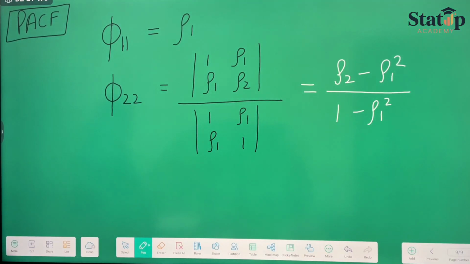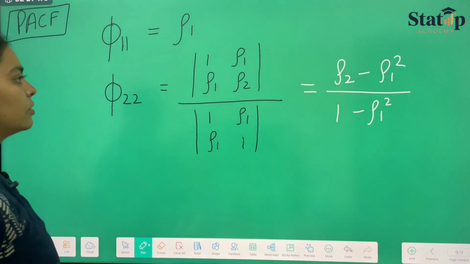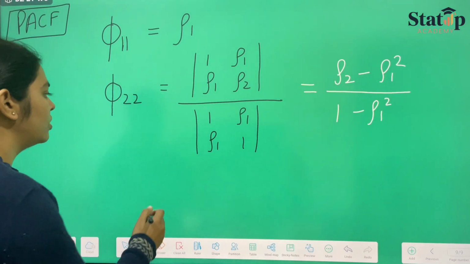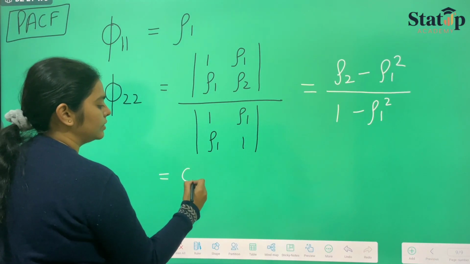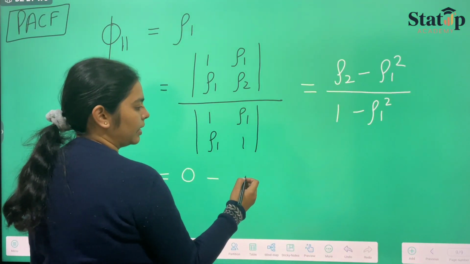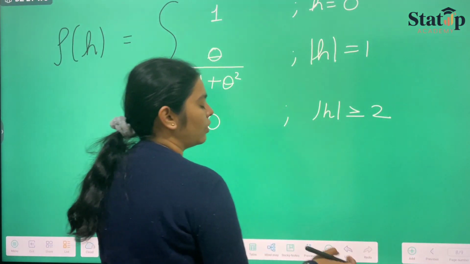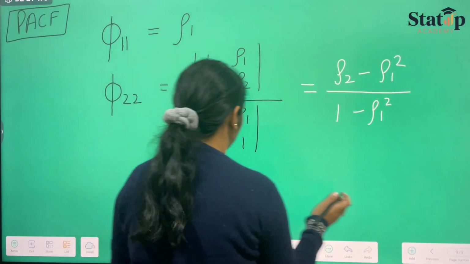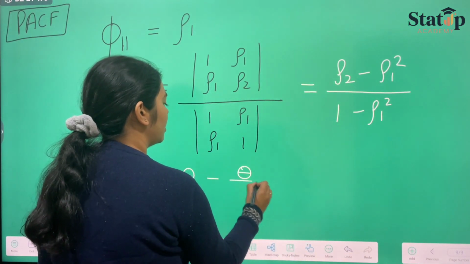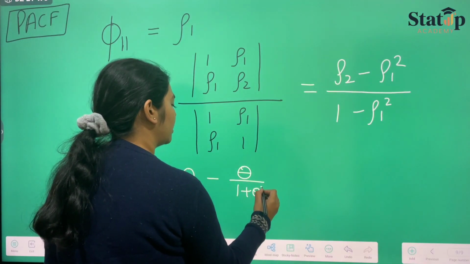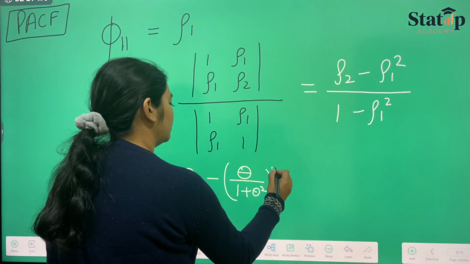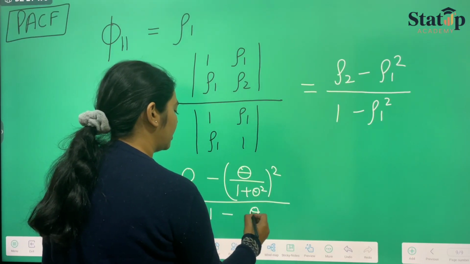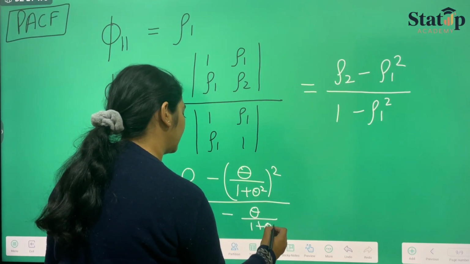And if we put in the values of rho here, rho 2 at lag 2 is nothing but 0, so I can replace this with 0 minus rho 1 square. The value of the autocorrelation function at lag 1 is theta upon 1 plus theta square. So it would be minus theta upon 1 plus theta square whole square upon 1 minus theta upon 1 plus theta square whole square.